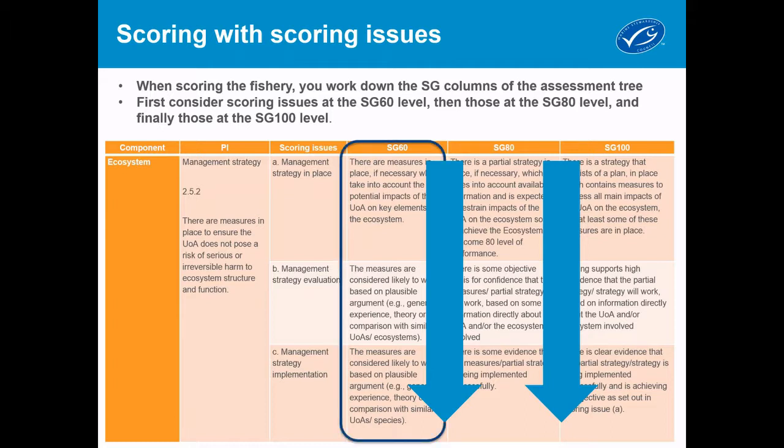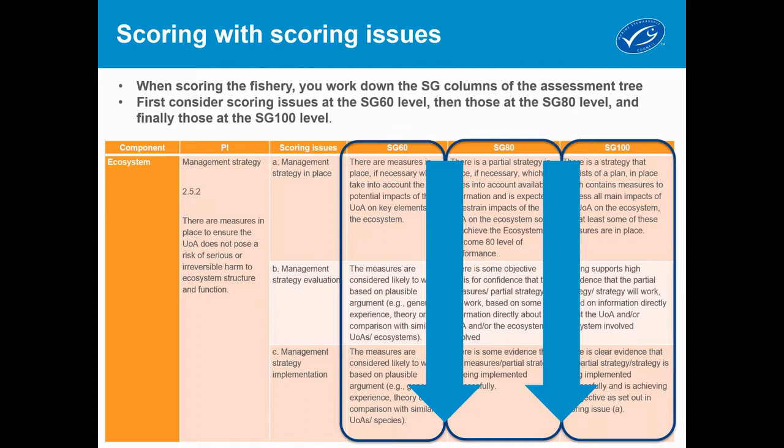Does your fishery meet the requirements for scoring issue A at SG60? Same question, does it meet the scoring issue B requirements at the SG60 level? And you keep going down. Once you've reached the end of all the scoring issues, you then move along to the scoring guidepost 80 level, work your way down, and then move across to the 100 level.